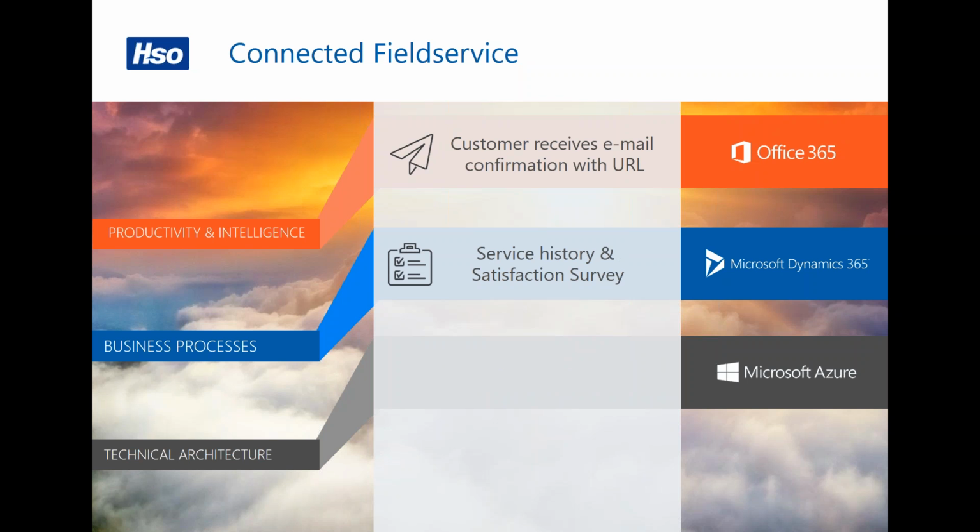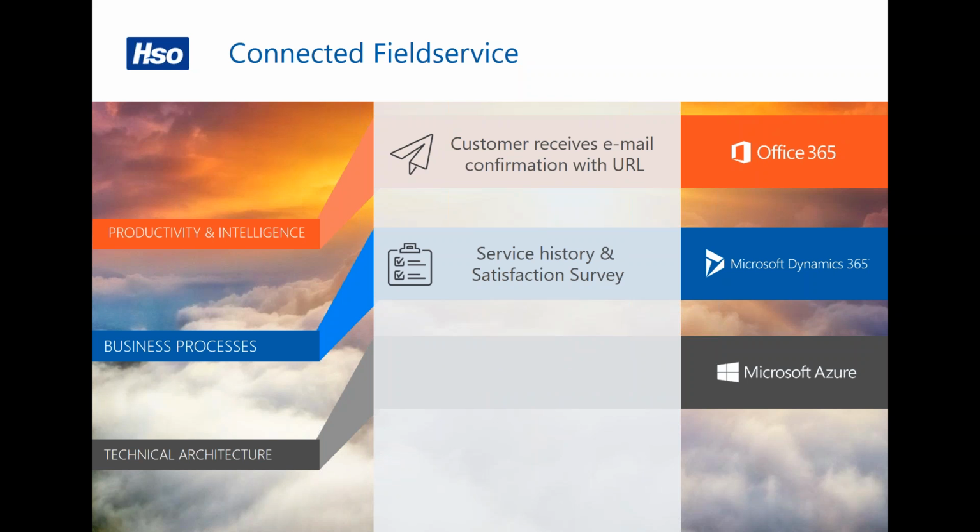The next step in the process: when he has solved the issue, so he did his job at the customer side, the customer will receive an email confirmation with a URL in the email.